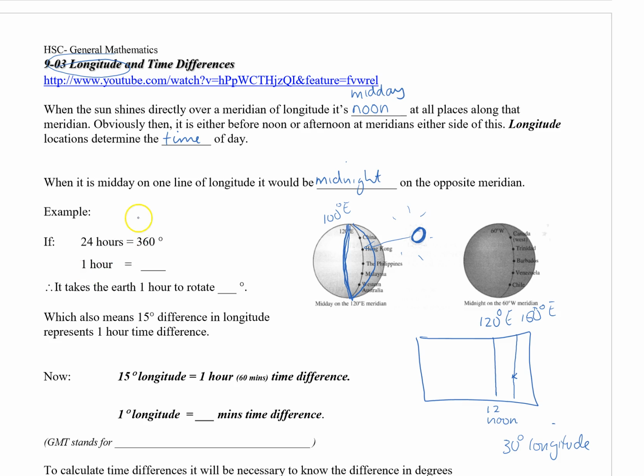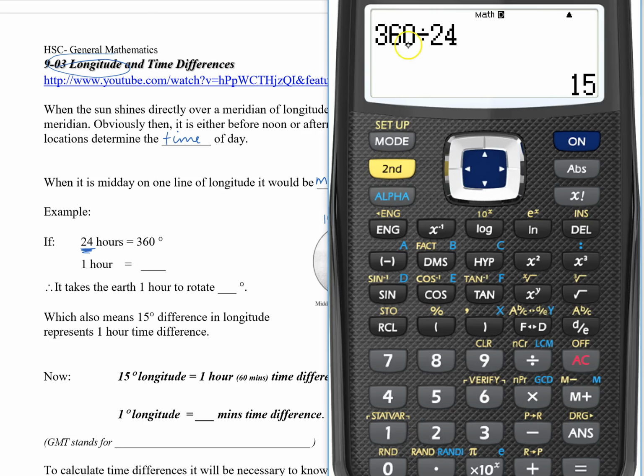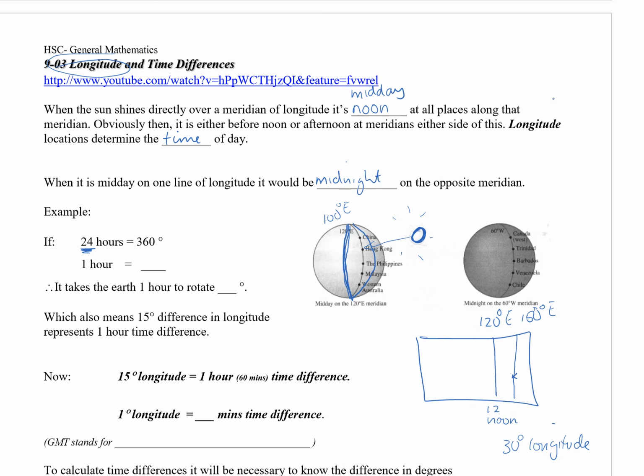So if I divide both sides by 24, to get it down to 1 hour, you can see that the Earth is going to rotate 15 degrees.